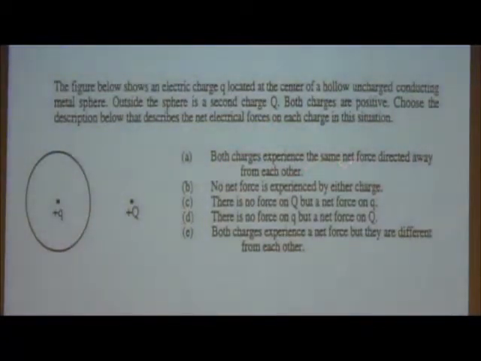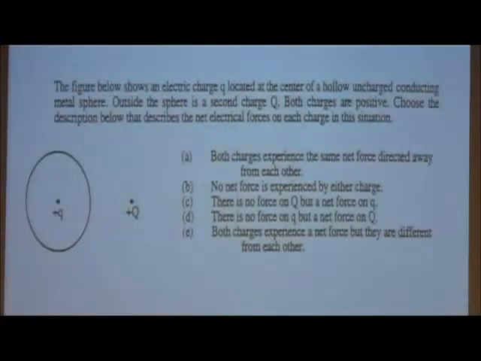Both charges experience the same net force directed away from each other. No net force is experienced by either charge. There is no force on capital Q, but net force on small q. There is no force on small q, but force on capital Q. Both charges experience a net force, but they are different from each other.